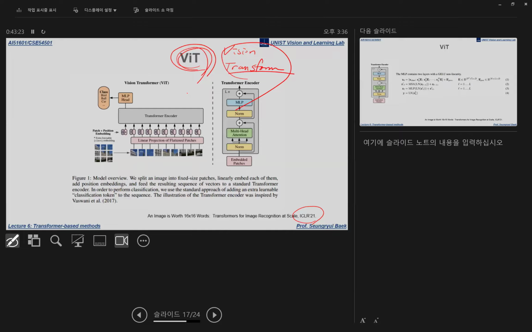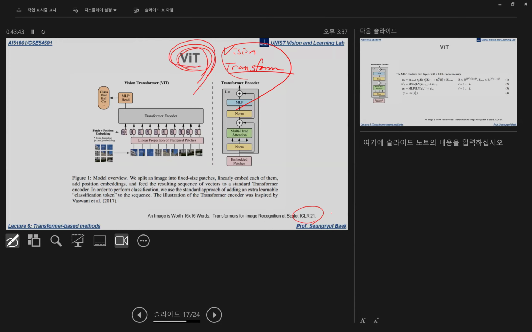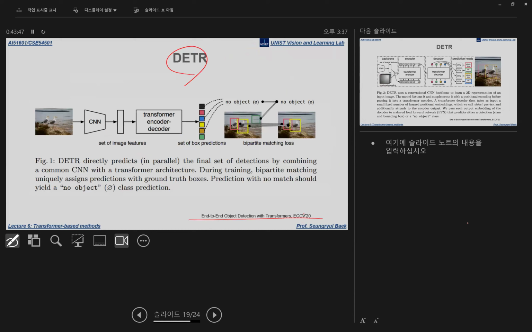So in the next lecture, we will see what is happening in this Vision Transformer, ViT. And also we will see how we can achieve the object detection task using a transformer-based approach. ViT appeared in 2021, but in 2020, DETR appeared, which is the first transformer-based object detection algorithm. We will see how it works as well.